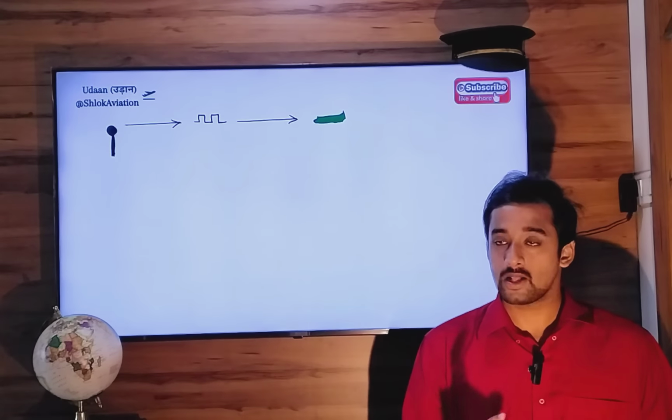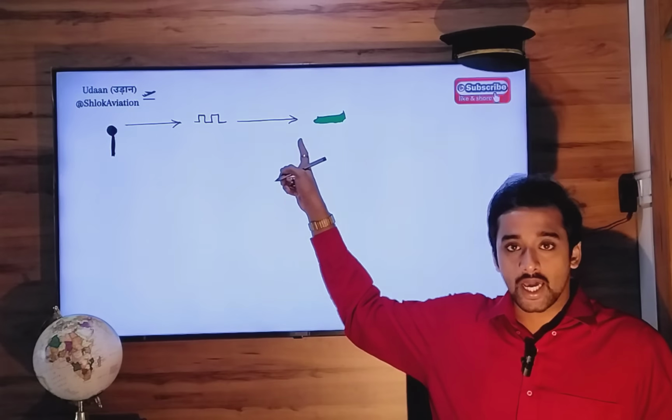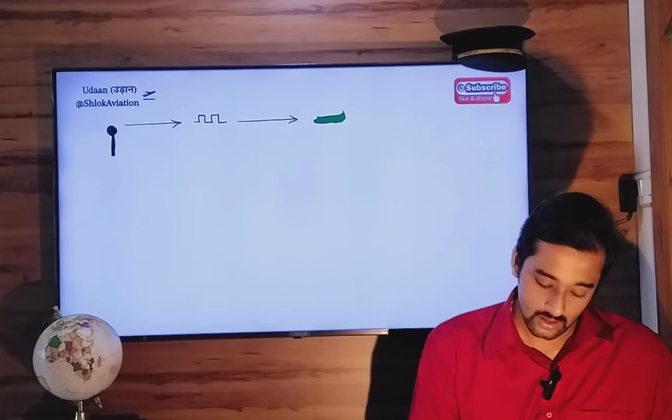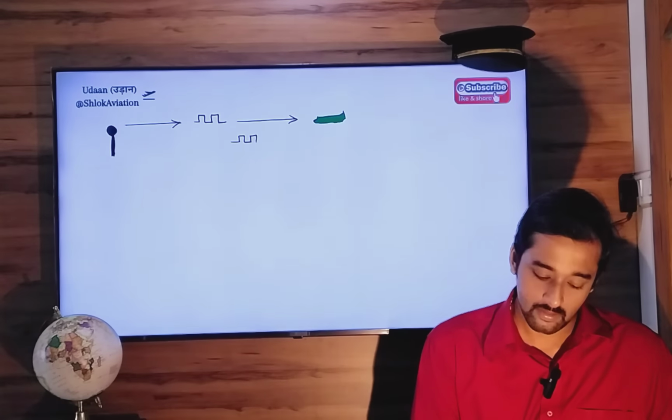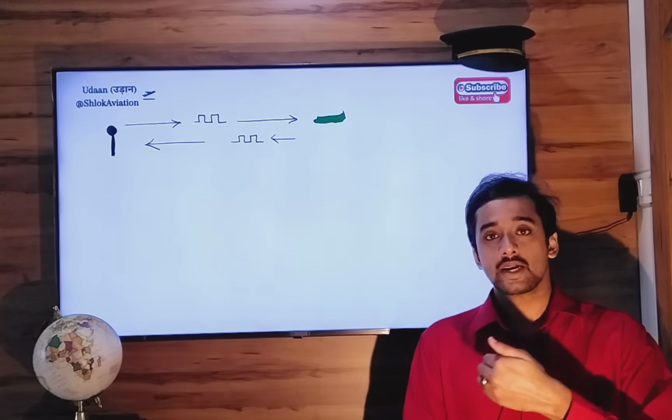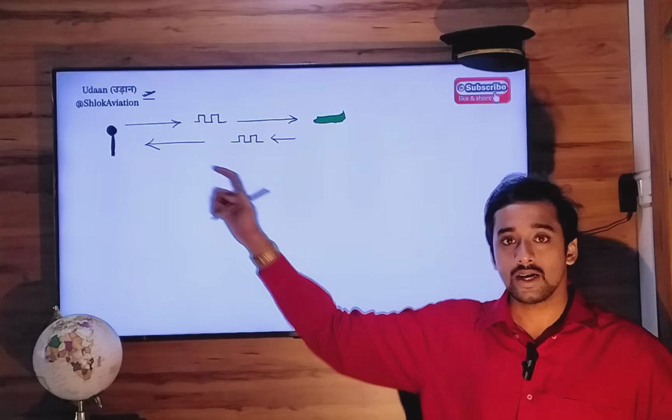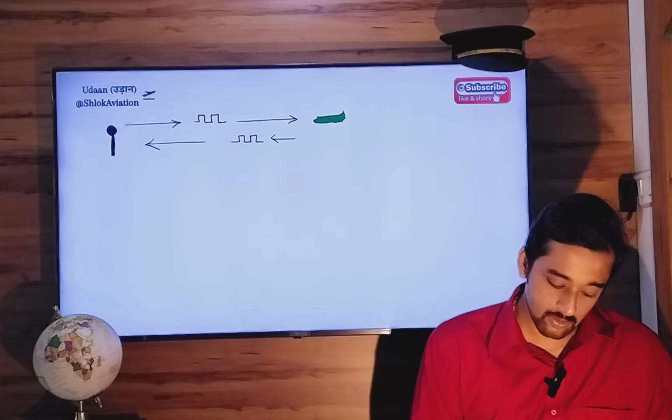So this pulse will go in the direction of the target, strike that target, and return to the receiver. After it comes back at the receiver, the next pulse will be sent.